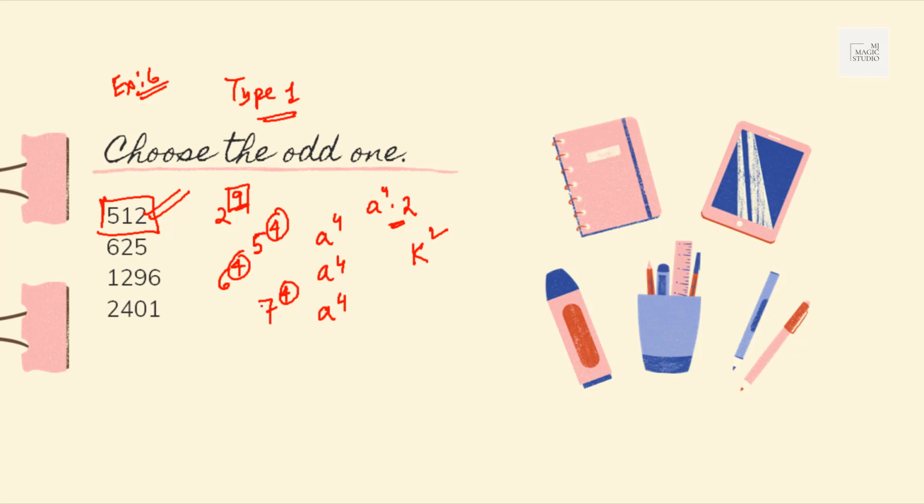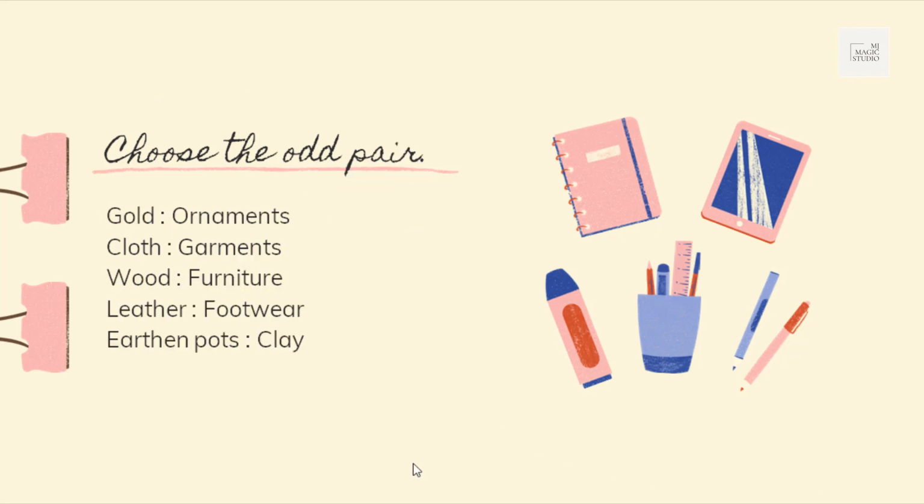Like 5 to the power 4 is 25 square, 6 to the power 4 is 36 square, 7 to the power 4 is 49 square, and 2 to the power 9 is in some 8 cube format, isn't it? It is 8 cube but not a square. So 512 should not be featuring in this particular set of numbers.